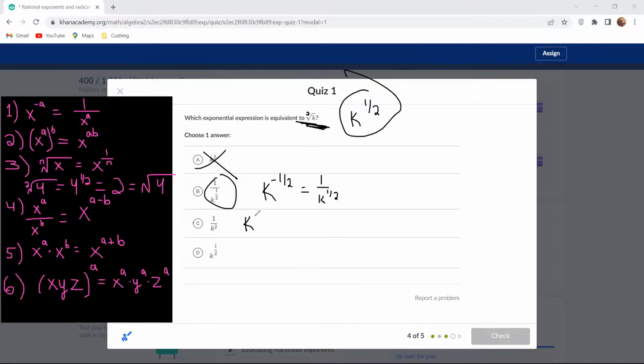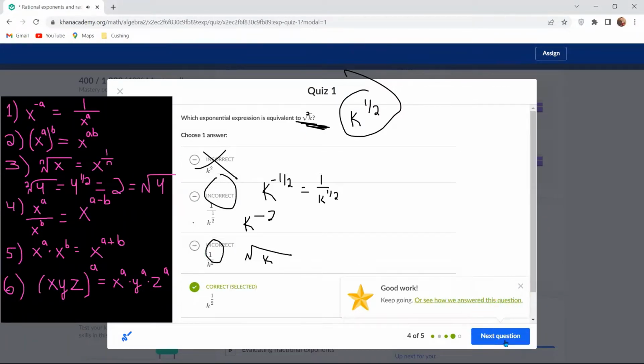This would just be k to the -2. Same concept as the previous option. And then this here is literally just writing k to the 1/2. This is kind of an identity, that raising something to the 1/2 power is the same as taking the square root. So we'll say D is the correct answer there. The square root, that's the same as raising something to the 1/2 power.